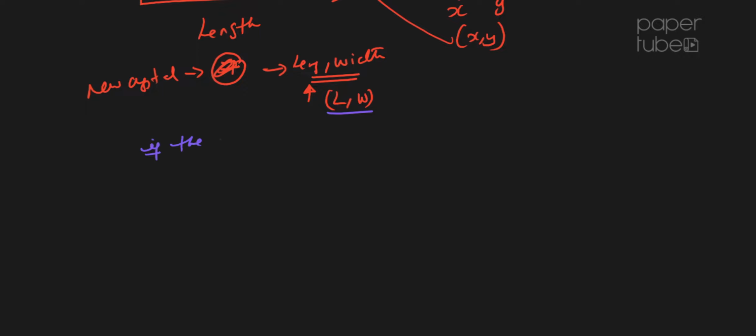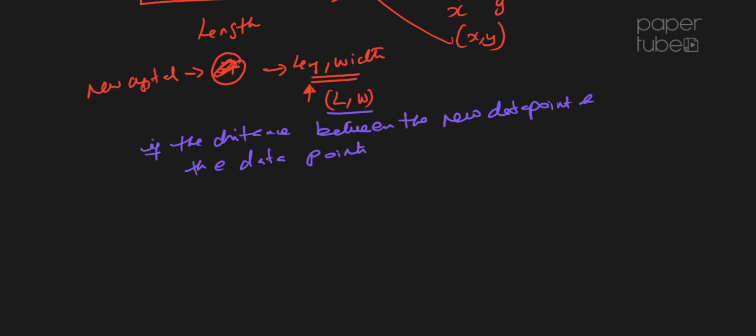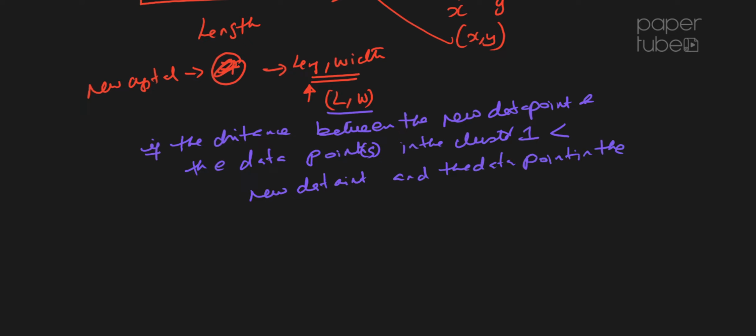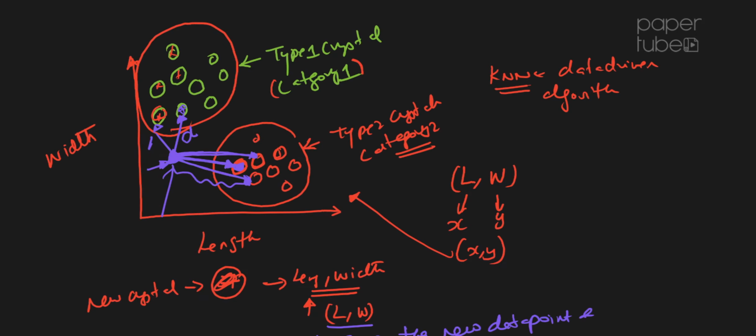So if the distance between the new data point and the data points in cluster 1 is smaller than the distance between the new data point and the data points in cluster 2, then it will assume that this new data point belongs to category 1.